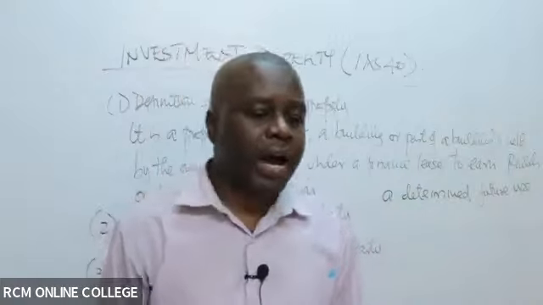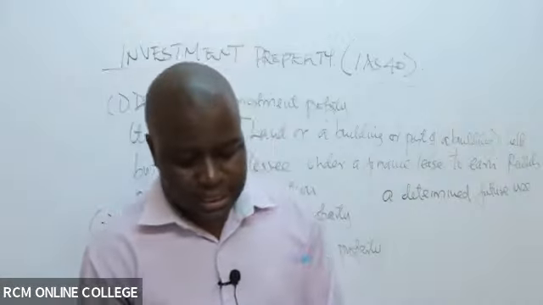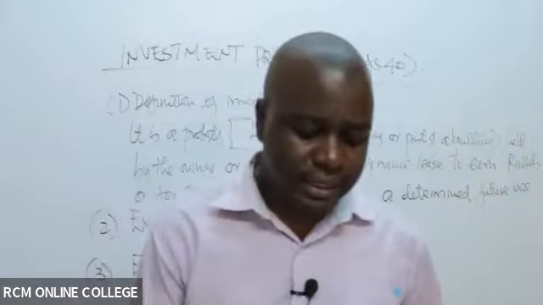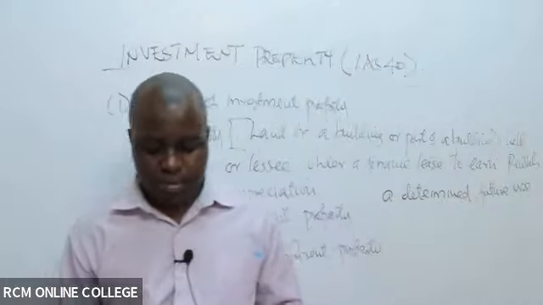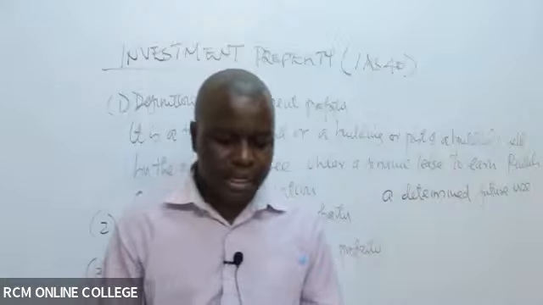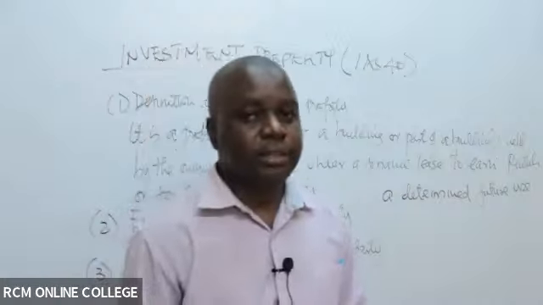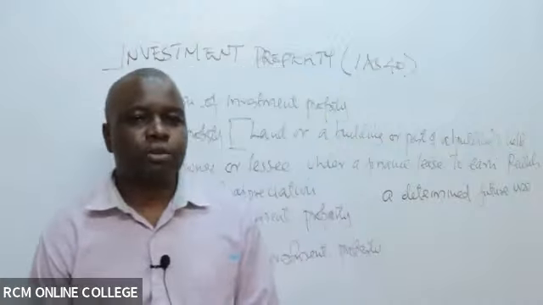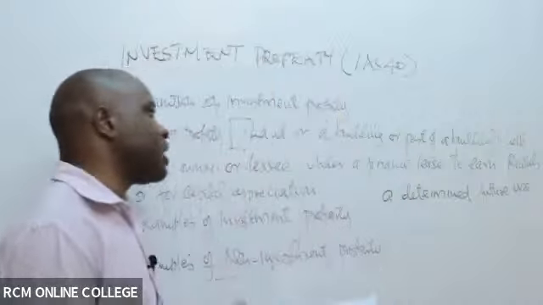Then number five, the last one, property leased under a finance lease. If you lease out any property on a finance lease, then it won't be your own investment property.